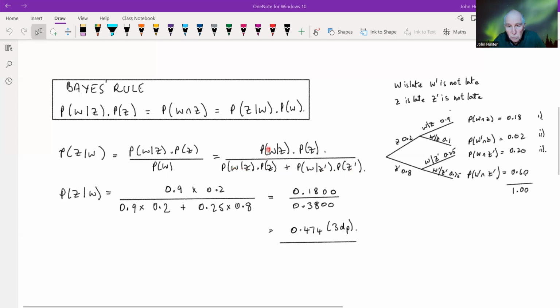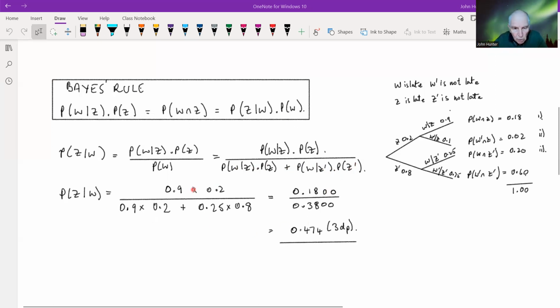This is the same as what we have on the numerator. We've only got two here, but in other circumstances there may well be more things on the denominator, depending on how many different conditions there are attached to Zara: Zara is not late, Zara's very late, Zara didn't turn up. But here we've just got these two, and we can work out what they are.